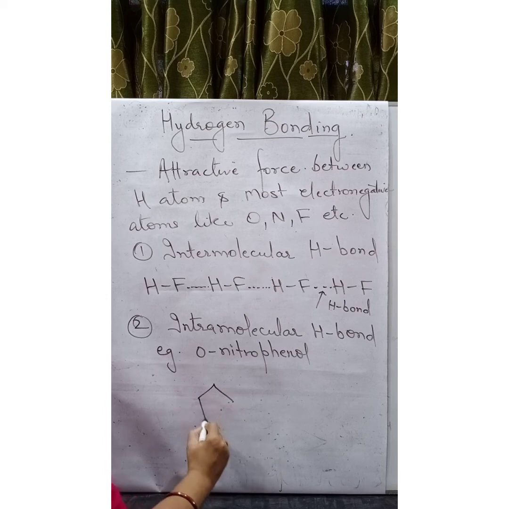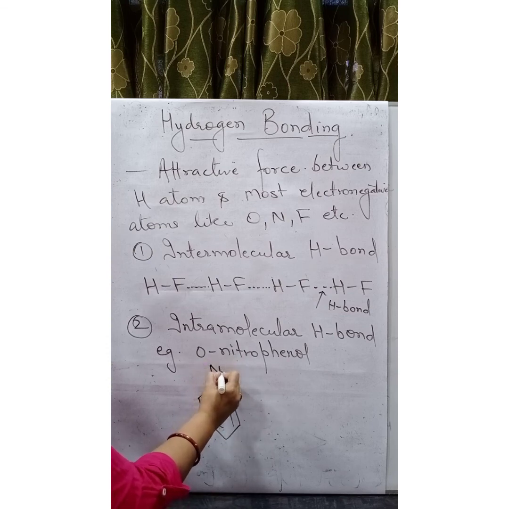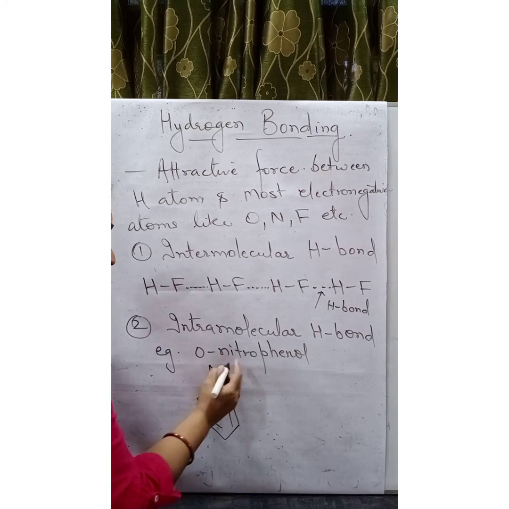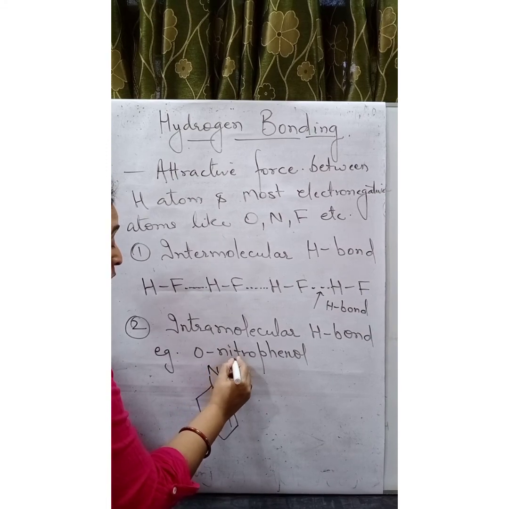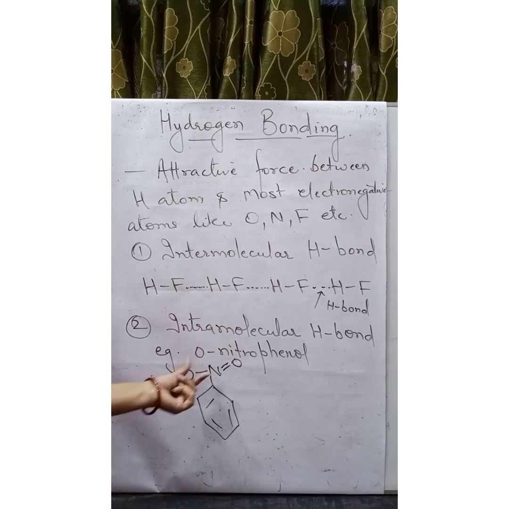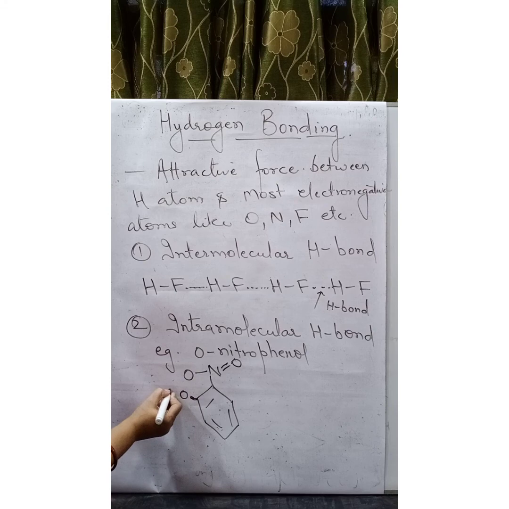When I draw the structure of this orthonitrophenol, here I am having N double bond O, oxygen here, this is the NO2 group attached here, and at the ortho position is this O and H attached here.